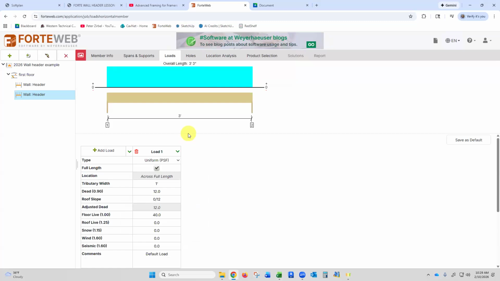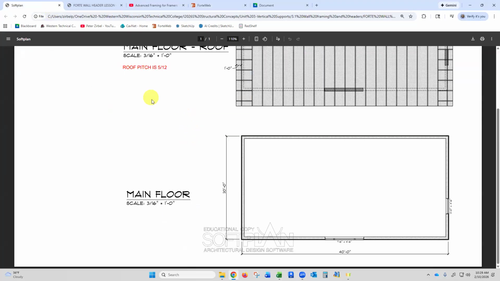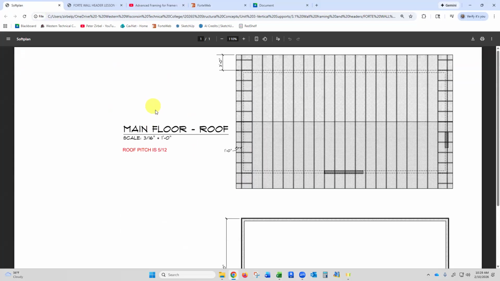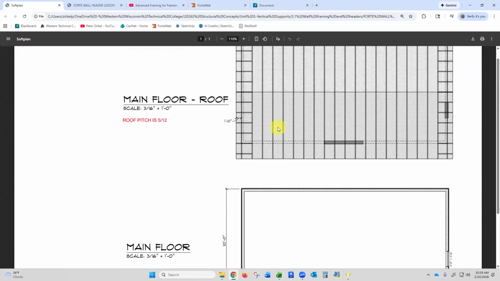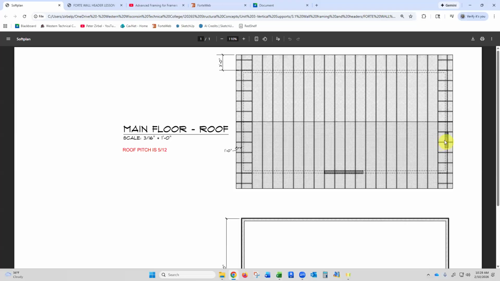So let's look at our tributary width here. You can look at the script and tell me what the loading is, but I'm going to ask you to tell me what the load is on this gable end header as far as our tributary width. I got a 1 foot overhang, so it's 1 foot plus what? 1 foot, because roofs are typically 2 foot on center.